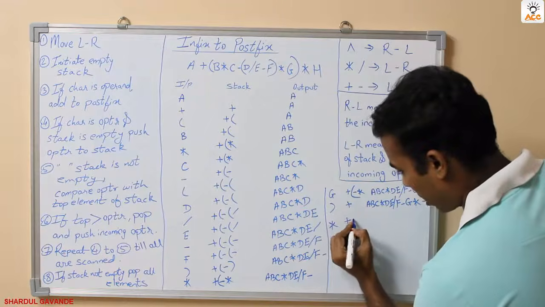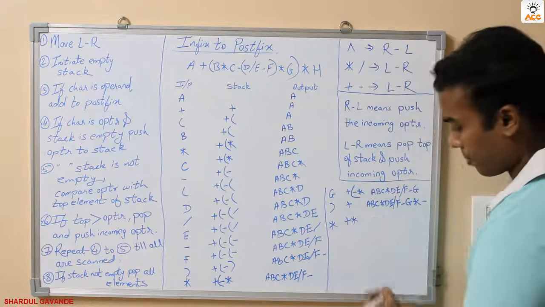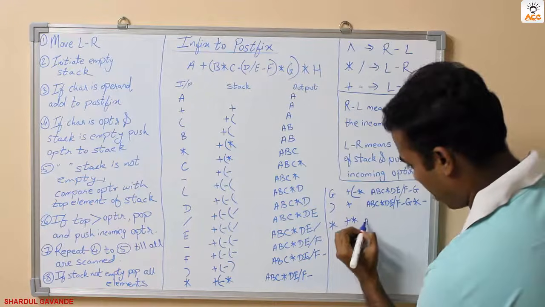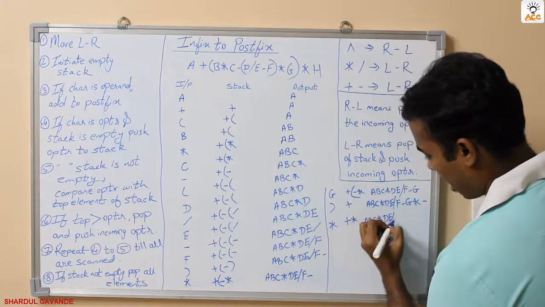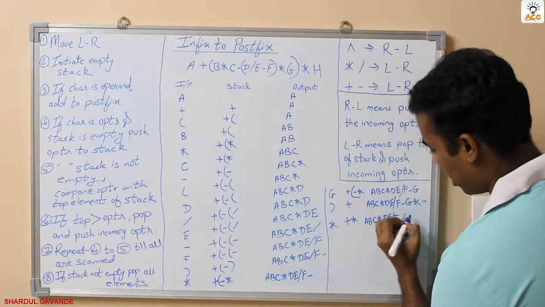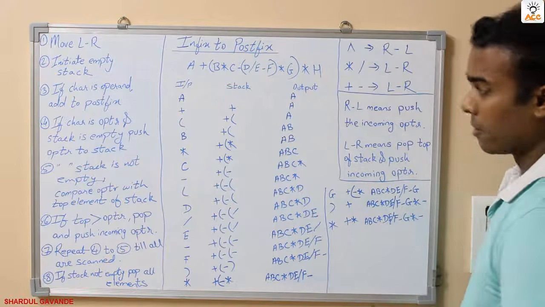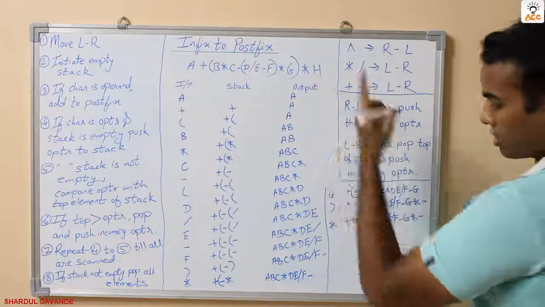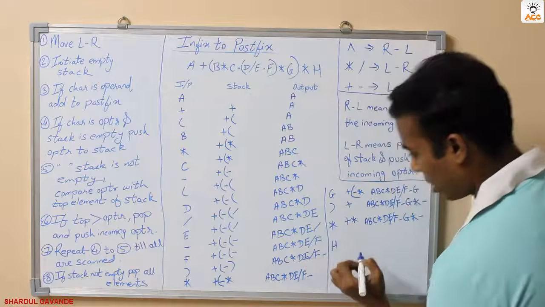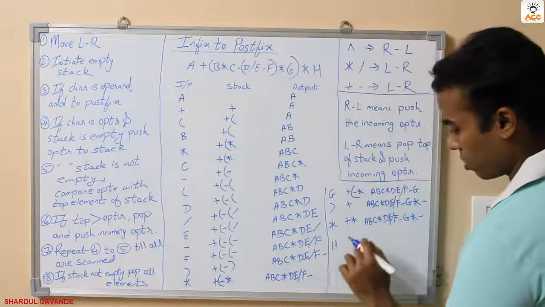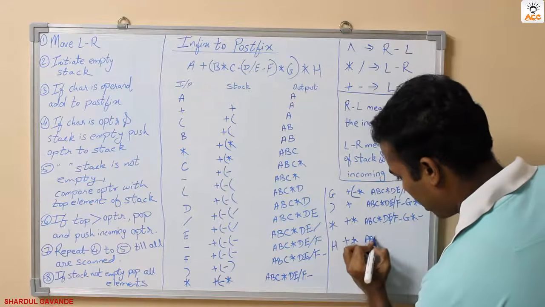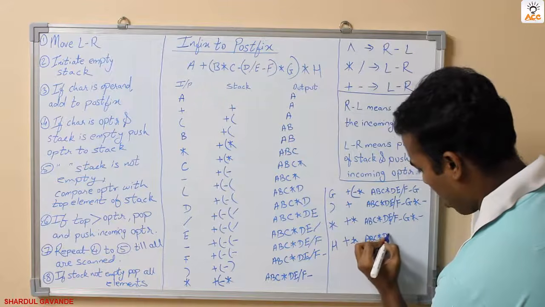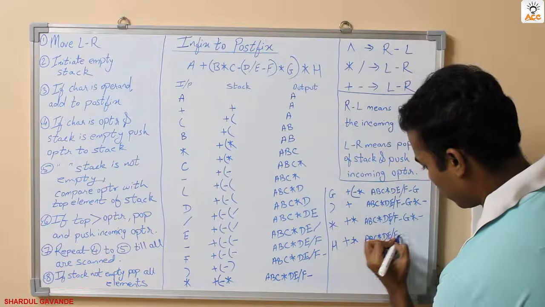So plus and then star, and the output would be A, B, C, star, D, E, slash, F, minus, G, star, minus. Next after star is H. H is an operand, so no changes in the stack, and H is added to the output.